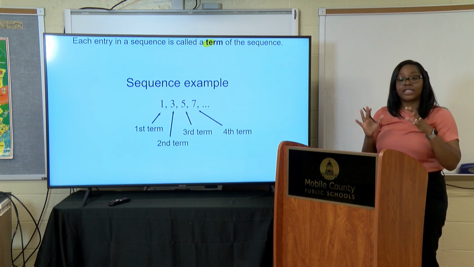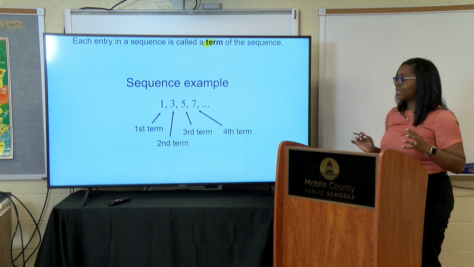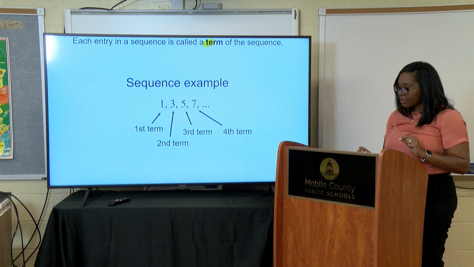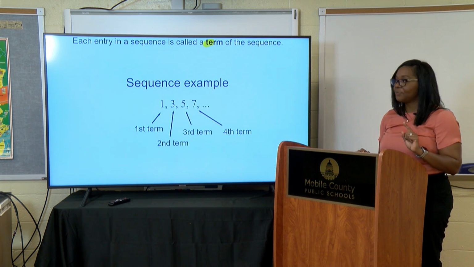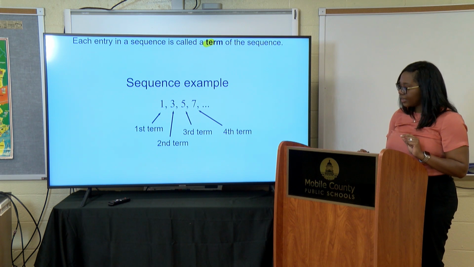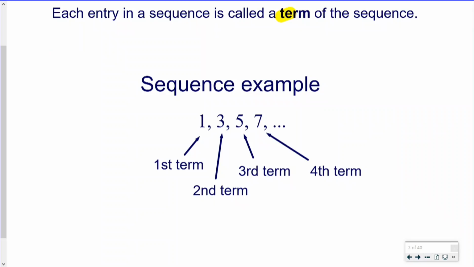Then we use a specific notation to represent that place. The number 1 here is our first term. The number 3 is the second term. The number 5 is the third term, and the number 7 is the fourth term, okay?